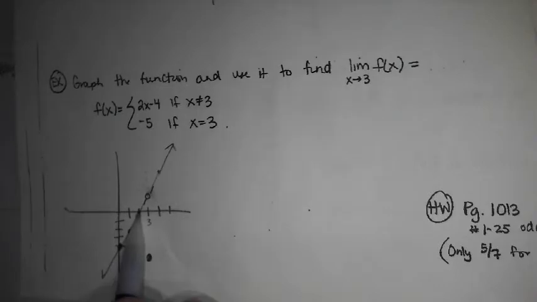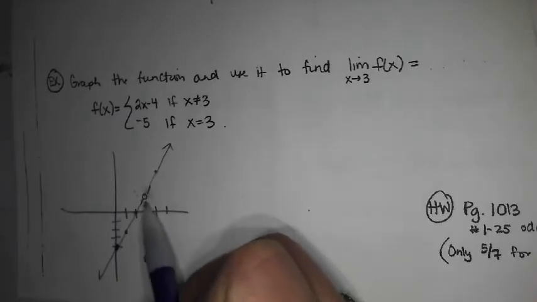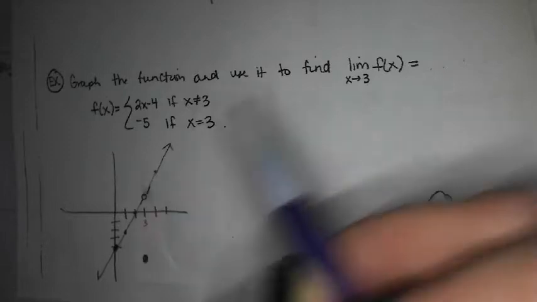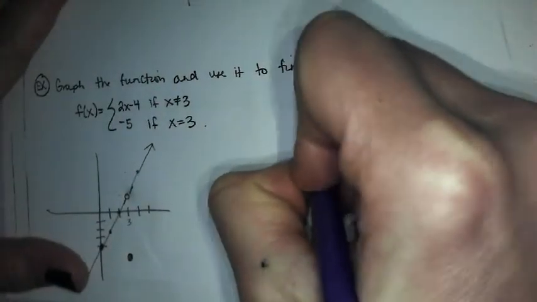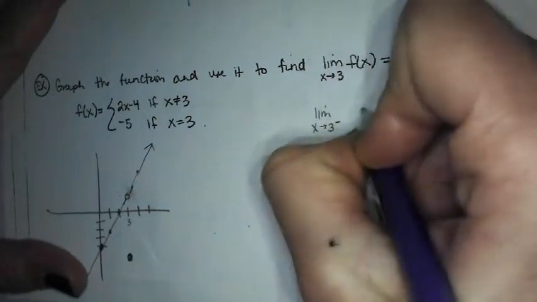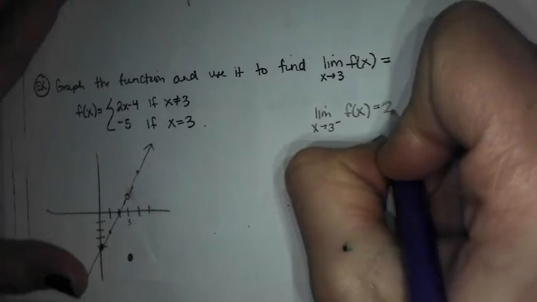From here. He went up 2 over 1. Right. So that's what it would have been, but since there's a hole, it's actually not. But the limit as you approach from the left, so let's do this. Limit as x approaches 3 from the left of this function is 2.